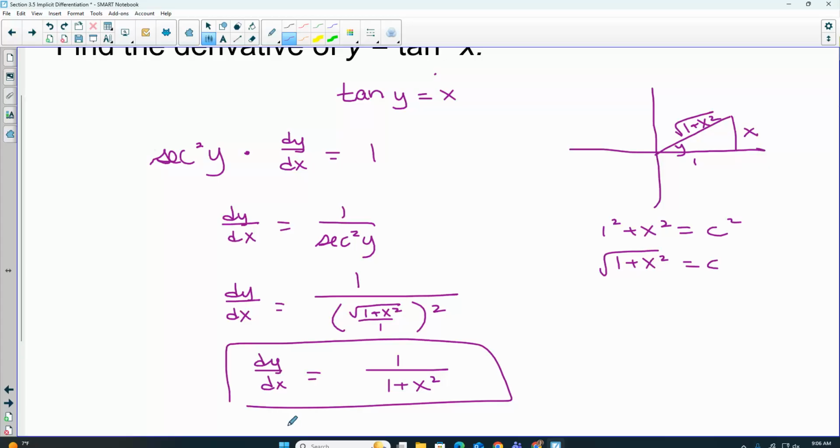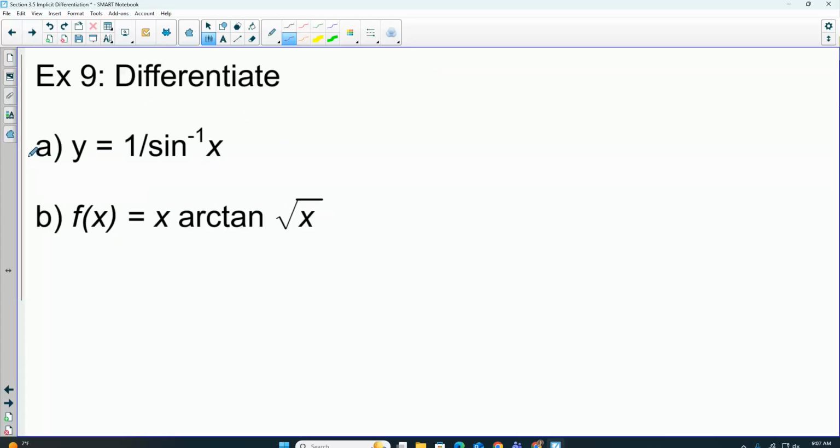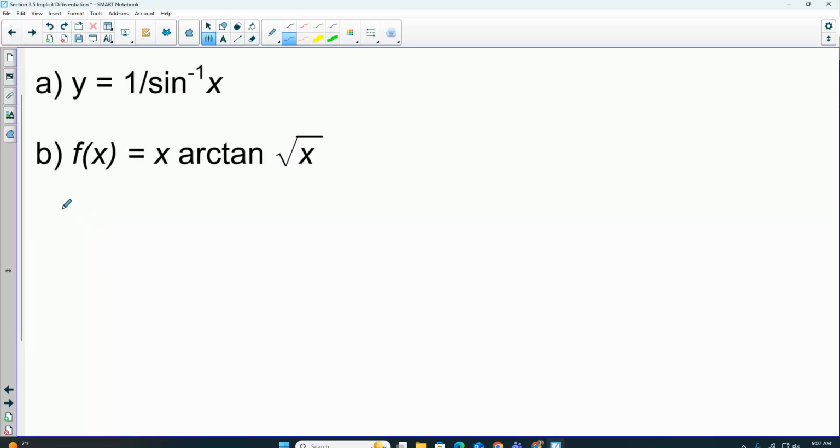So let's try a couple problems involving those. If I ask you to find each of these derivatives. A, I want the derivative of 1 over sine inverse of x. Okay, there's different options. 1 over means we have sine inverse to the negative 1 power.